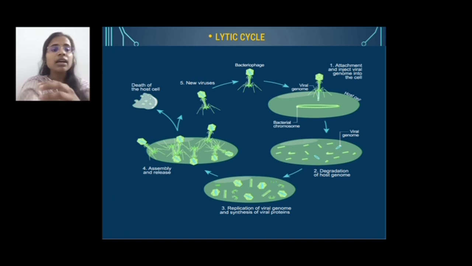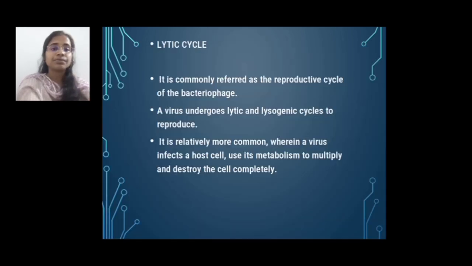Inside the cell, the viral genome is replicated and the viral proteins are synthesized. Then comes assembly and release of the genomes. Likewise, the host cell dies and new viruses are produced. That is the bacteriophage, and the cycle that happens is the lytic cycle.